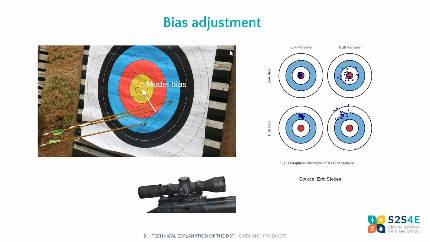Reliable forecasts mean that the probabilities that we are giving in the DST have some sort of connection to reality, in the sense that the probabilities you are giving have a connection with the number of times that this event really happens. When that happens, we say that we have calibrated predictions, or reliable predictions.